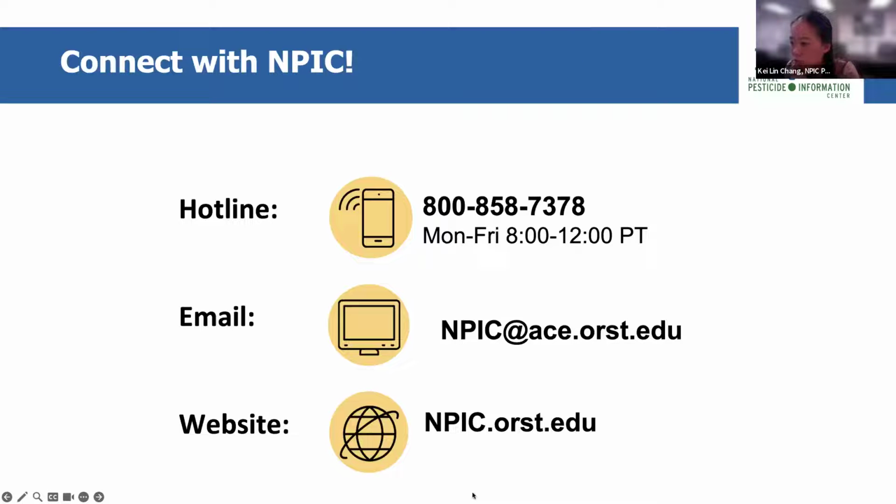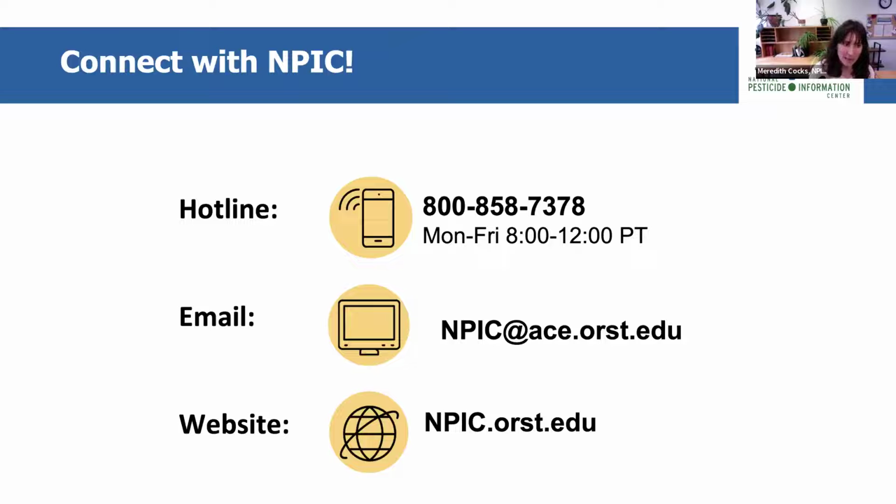We also have a question on, do we tell callers to report possible misuse to the State Department of Ag or EPA, or do we forward these reports to the State Department of Ag or EPA regional office? I believe I mentioned earlier, we do not do reporting to state lead agencies. But yes, absolutely, we tell people to call their state lead agency when they are discussing something with us, like a misuse or potential drift, anything concerning.